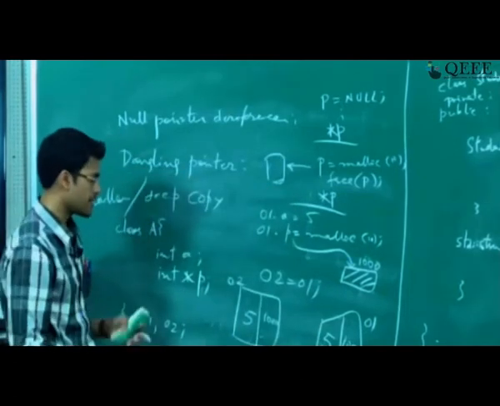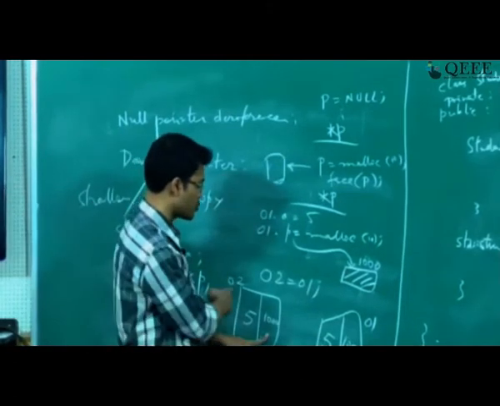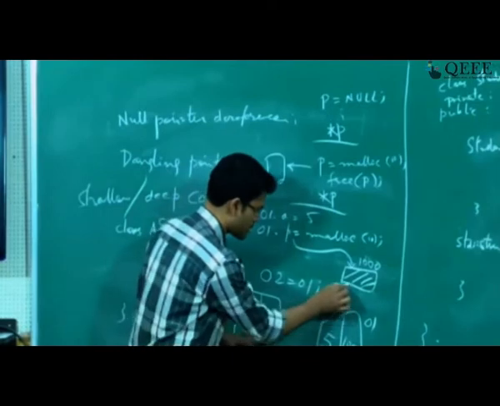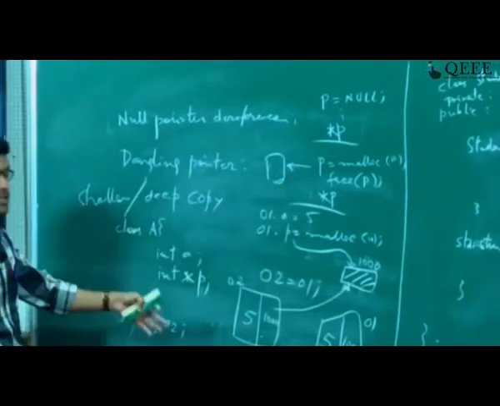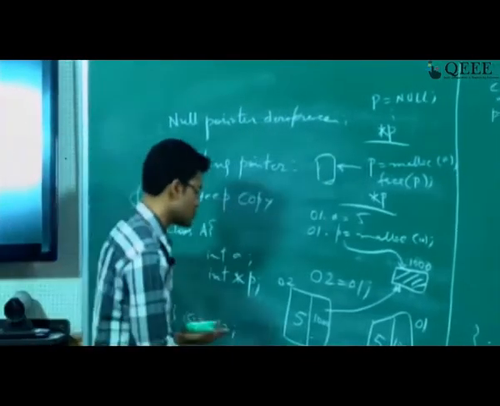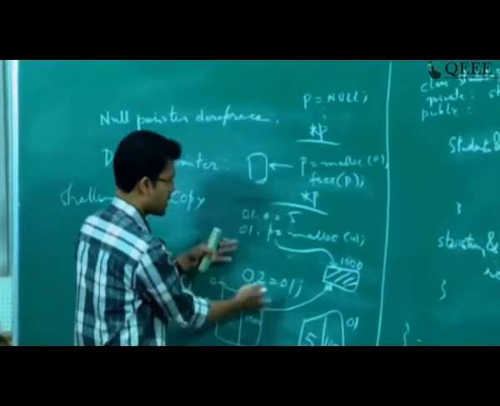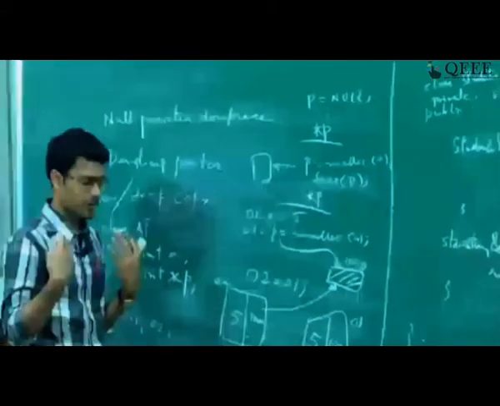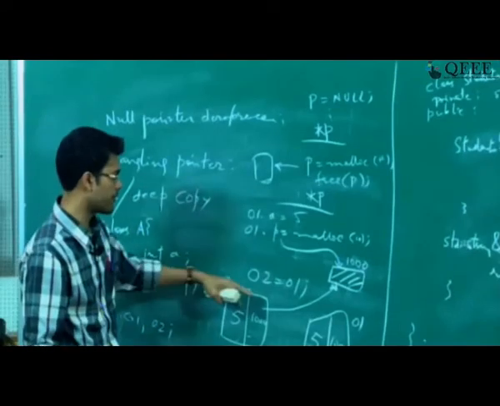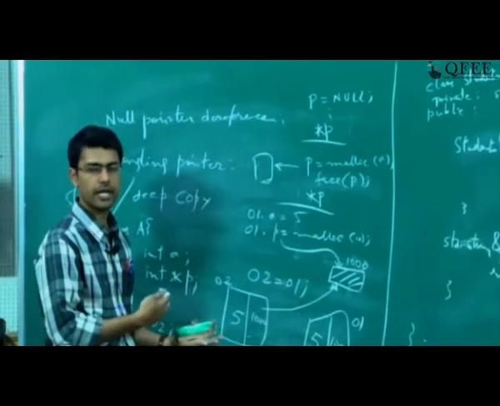What this indicates is that this particular pointer O2 dot P is also pointing to the same memory location. This is shallow copy. Now these two, when we look at the program logically, we feel that these two are different objects. What I have created is a copy.